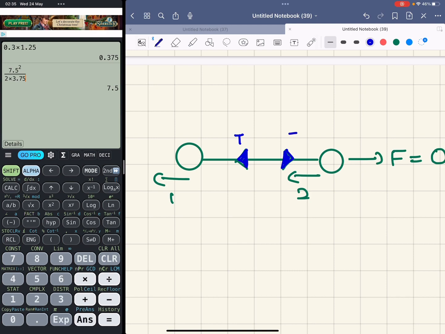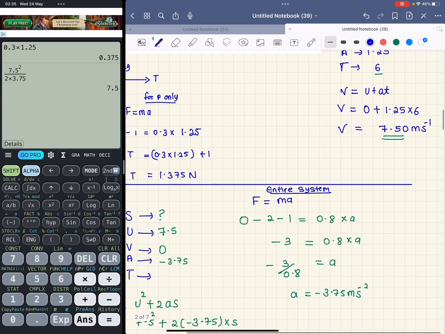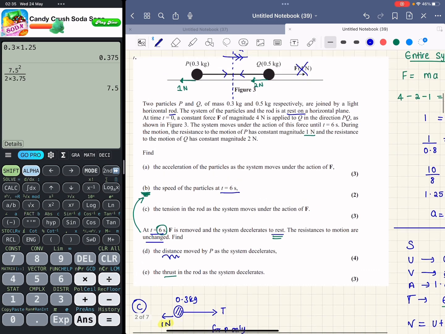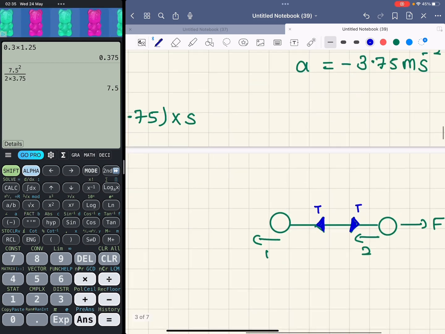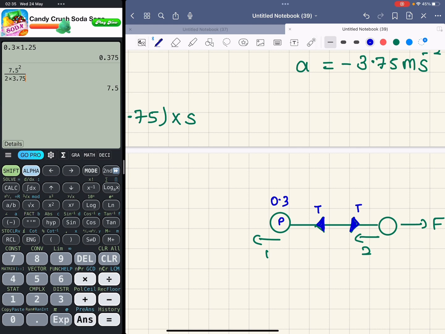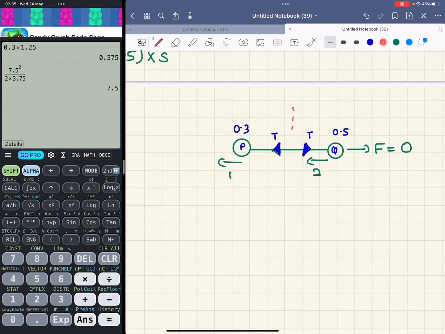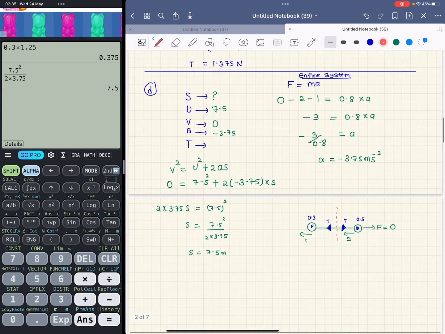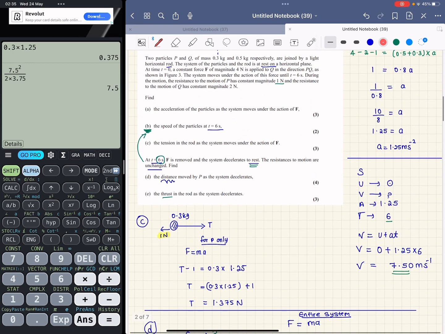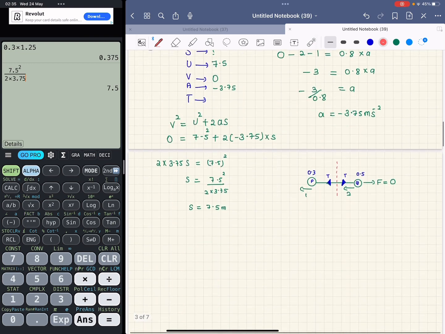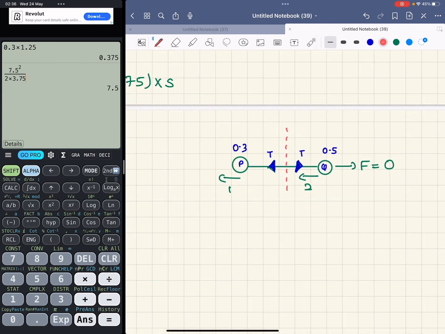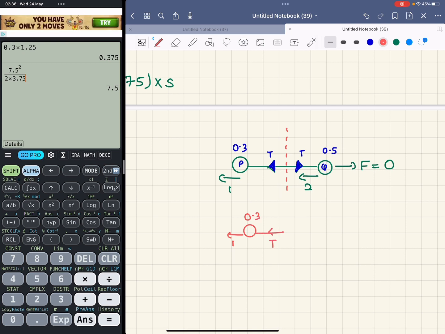So T here, and then we know that particle P is 0.3, and then Q is 0.5. I'm going to disconnect this because, as I've previously mentioned, you cannot find tension or thrust by doing it to the entire system. So I'm disconnecting this particle, and I'm going to keep doing it for P this time as well. So 0.3 here, and then thrust here.